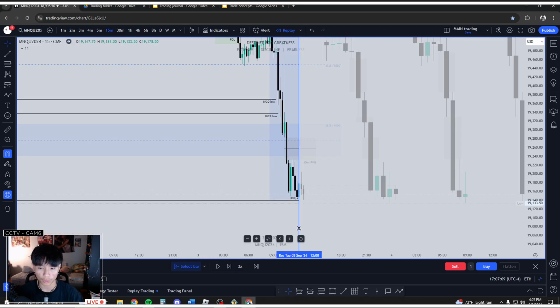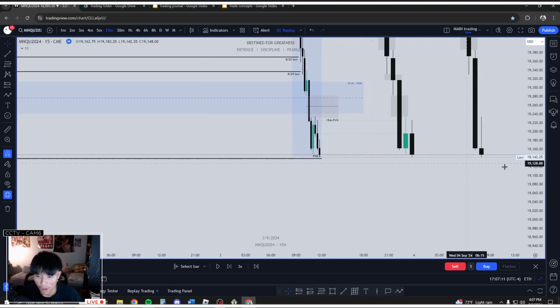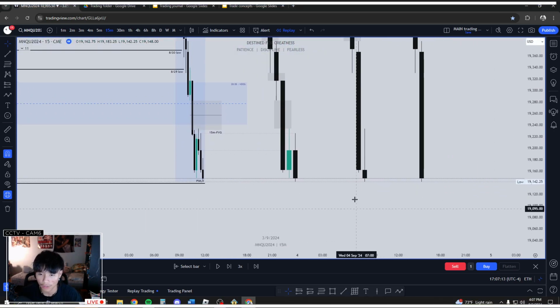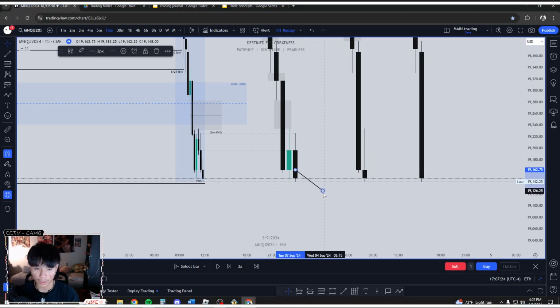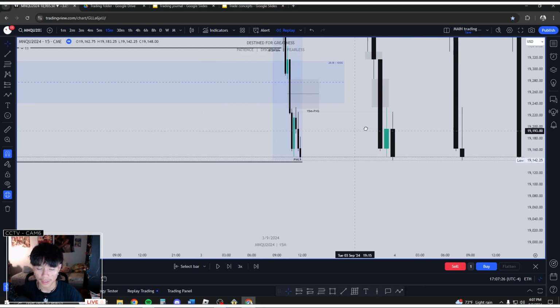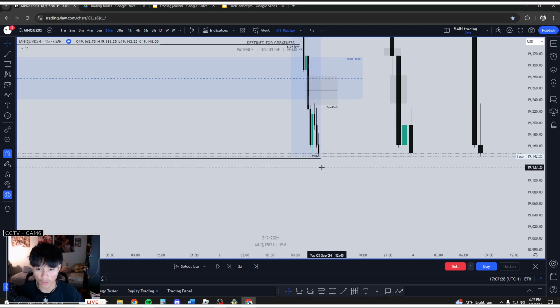My entry model here is actually based off of how we closed here on the 1-hour, the 30-minute, and this 15-minute model. So all three time frames here are suggesting lower prices, right? So there's time frame alignment. The clear draw on liquidity is this previous week's low.